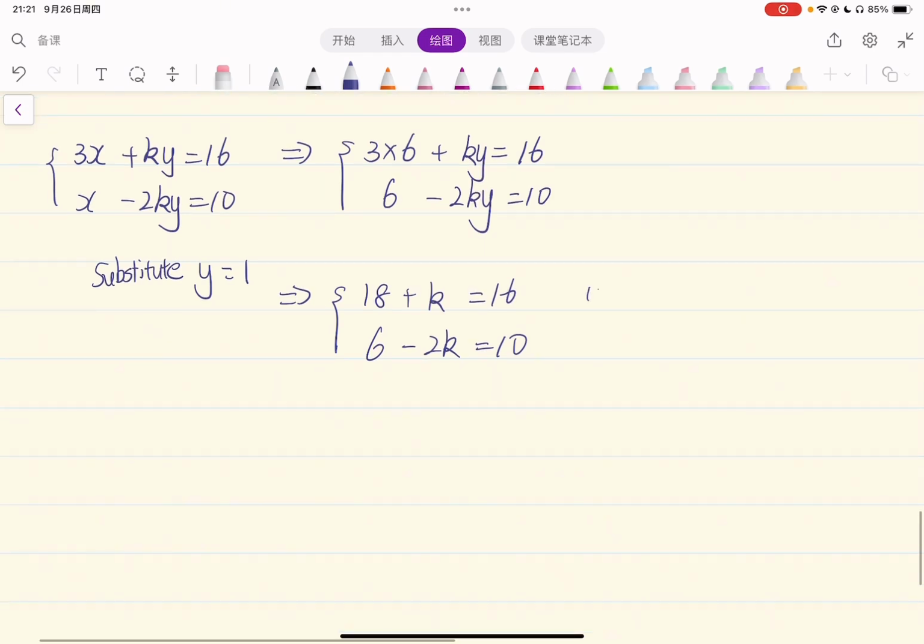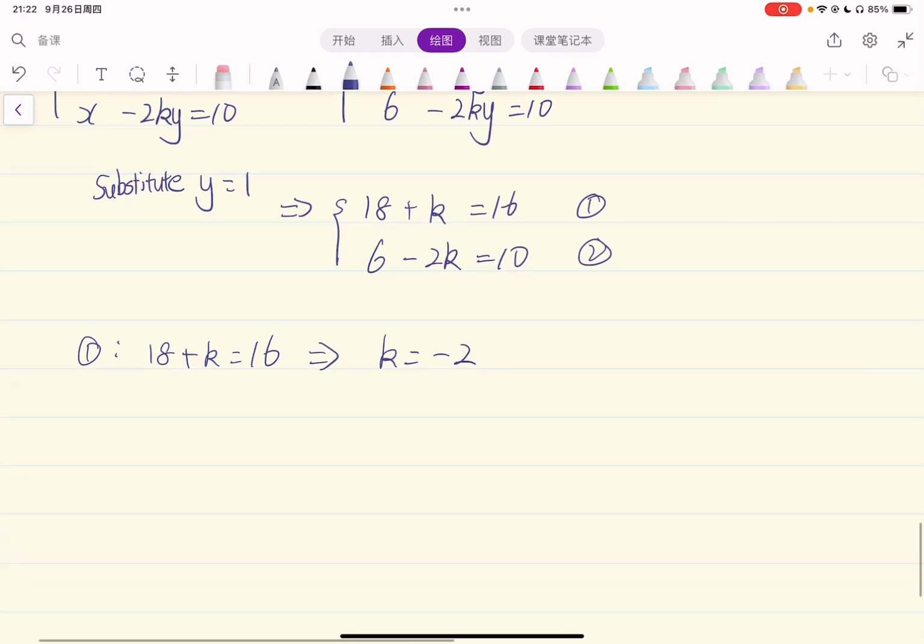For the first equation, we have 18 plus k equals 16. We have k equals minus 2. And we can also see from equation 2, we have 6 minus 2k equals 10, which implies that minus 2k equals 4, thus k equals minus 2.